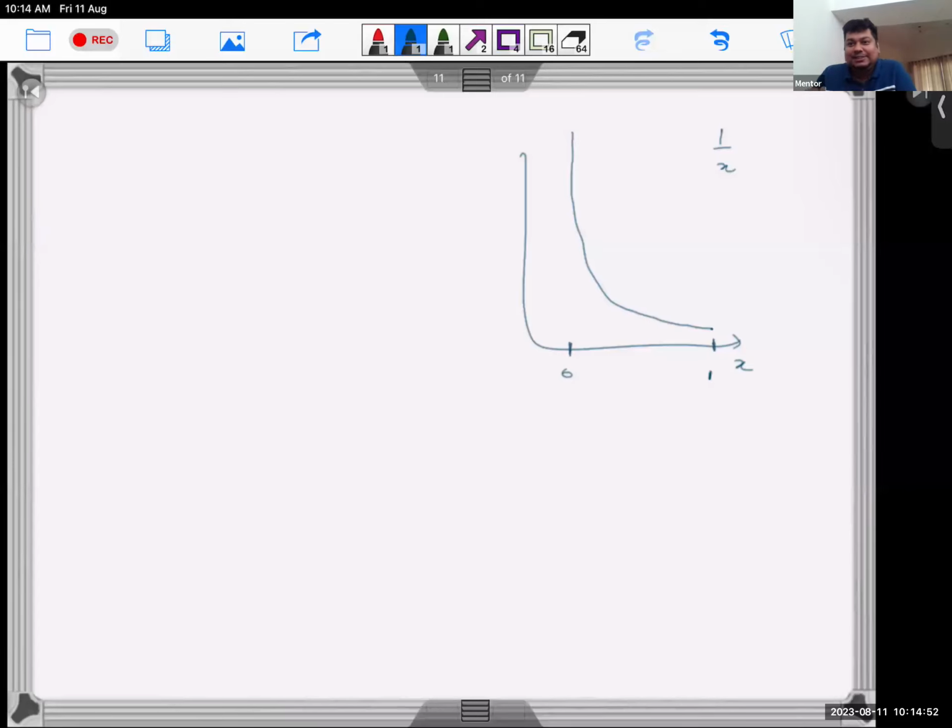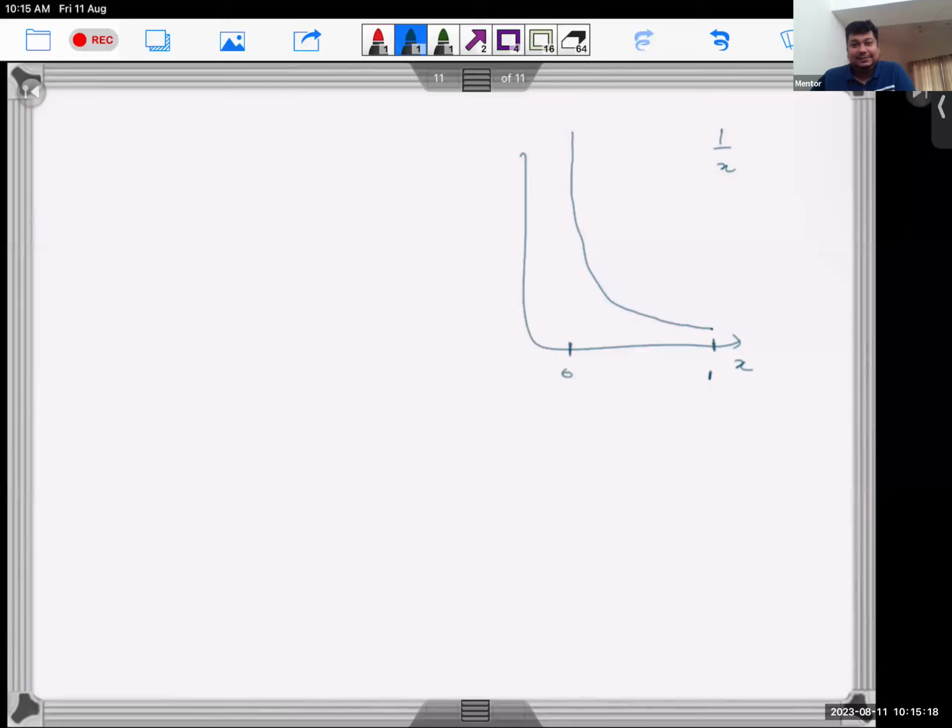But is 1 by x differentiable? Yes, 1 by x is differentiable. I totally agree. But there is a problem with this. Think what the problem is. At x equal to 0, what is the problem with convexity and differentiability?